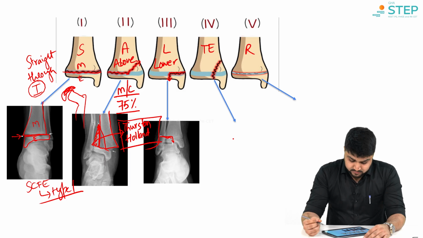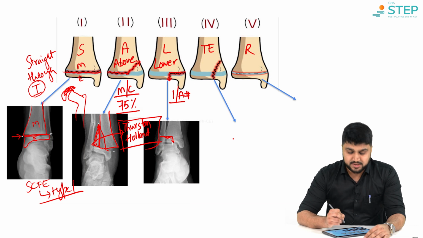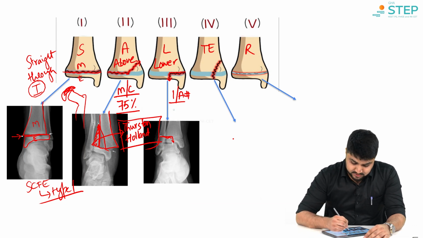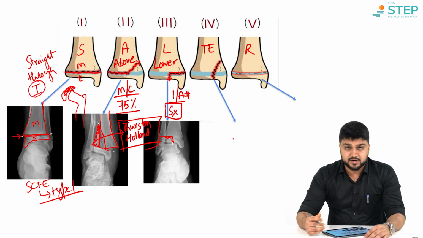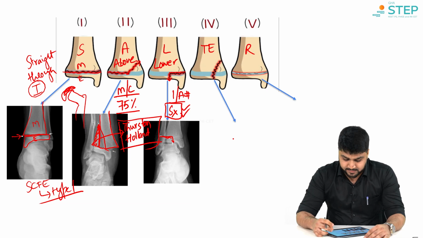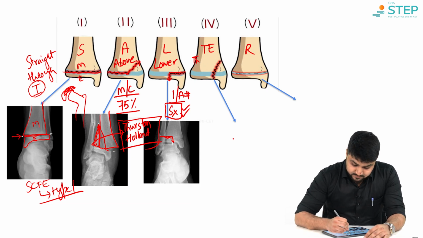So any epiphyseal injury will directly make it an intra-articular fracture, and any intra-articular fracture, the thing you need to remember is that they always require surgical intervention, whether it be open reduction or closed reduction, it always requires a surgery. The fourth type is through everything.